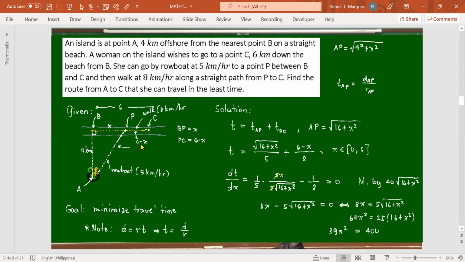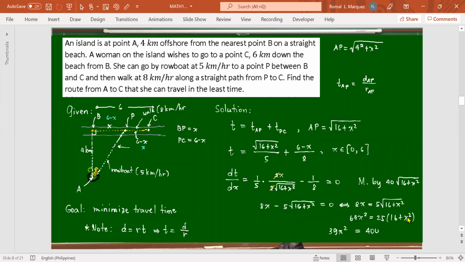Sir, you simplified it na pala. Oo, ito. Gets na. Pwede, kung ito naman ang nilagay mo ng x, pwede rin. Let's say ito yung nilagay mo na x. Ito yung x mo, ito yung 6 minus x. Yun din ang makukuha mo, you do not have to worry. Magpapalit lang ng pwesto. Get it, children? Yes, sir.